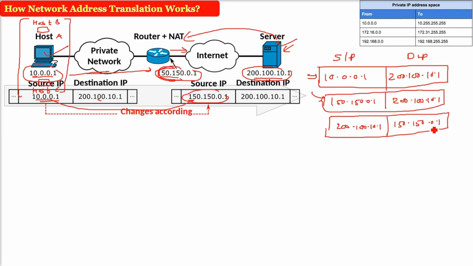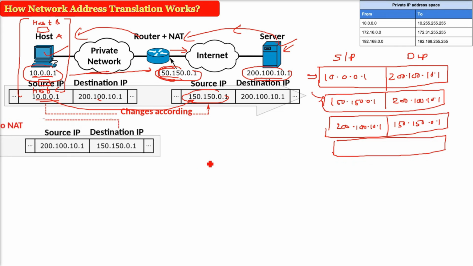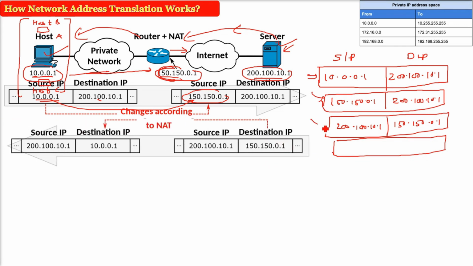Okay. But when the router gets that packet, it has to send it to the proper host. For that, it will do what? It will do the network address translation. It knows that 10.0.0.1 was changed to 150.150.0.1. So it is its duty to change 150.150.0.1 back to 10.0.0.1. So while giving it back, the router will change its own IP to the private IP.